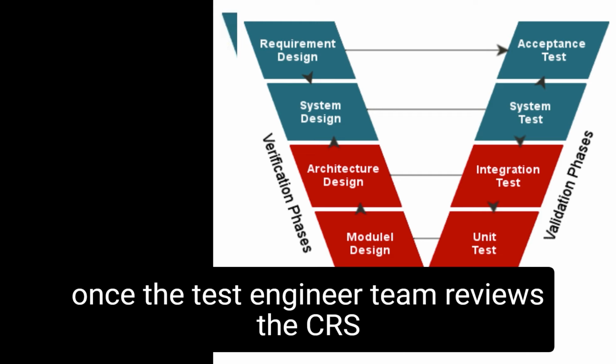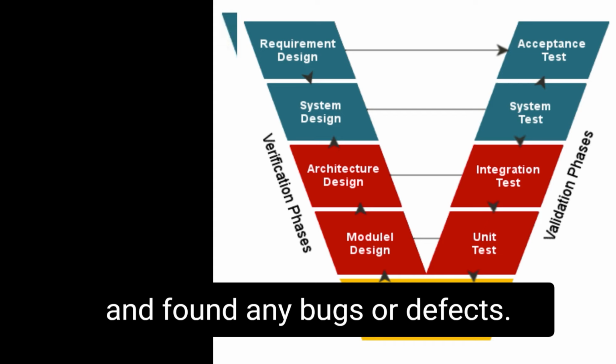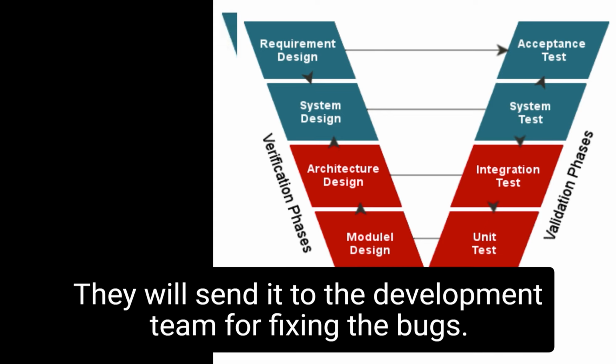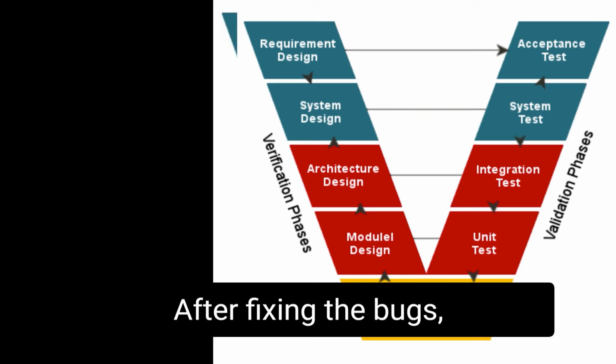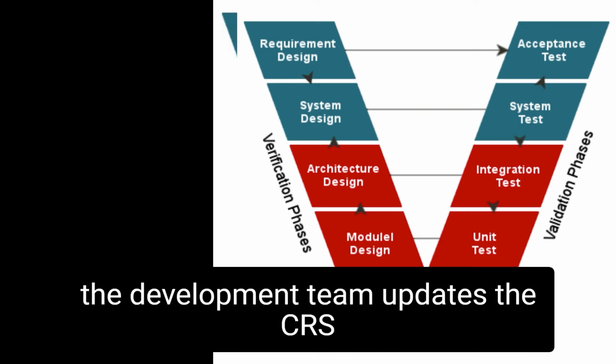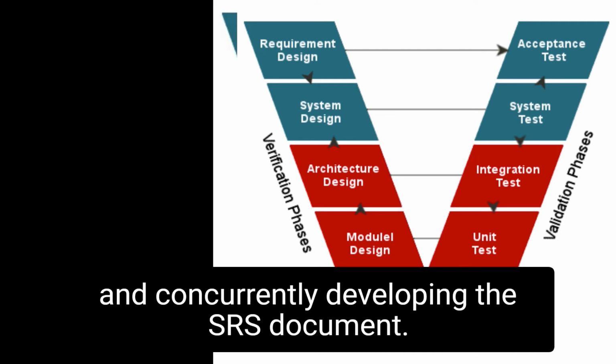Once the test engineer team reviews the CRS and finds any bugs or defects, they will send it to the development team for fixing the bugs. After fixing the bugs, the development team updates the CRS and concurrently develops the SRS document.